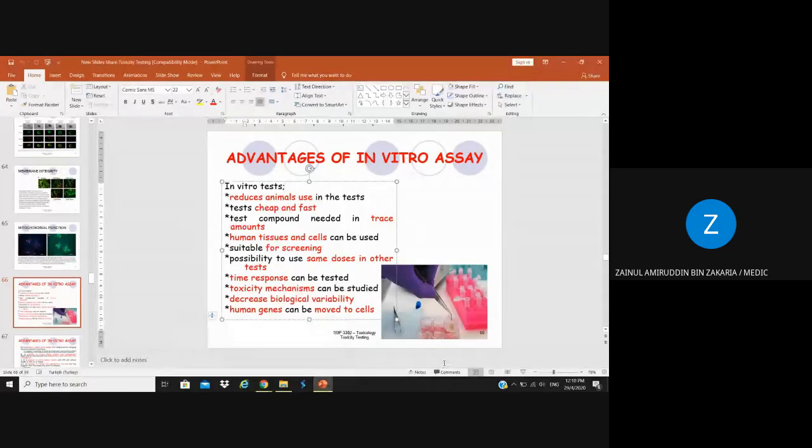Understand? Because the US FDA requirement for a compound to be considered as having activity is 30. The maximum is 30. If lower than that, that means your compound is very effective. If it is 15 microgram per mil or 5 microgram per mil, then it is very effective.